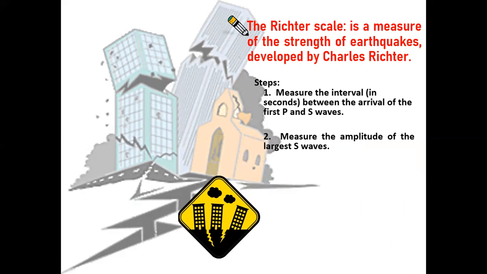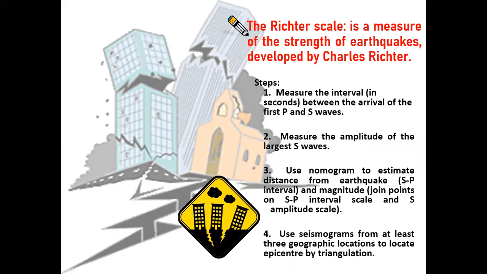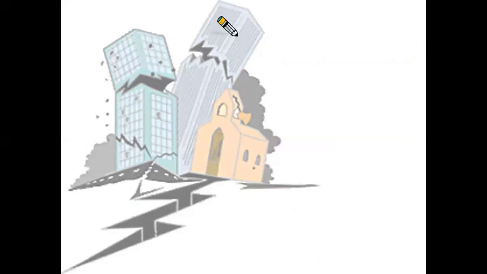Then it measures the amplitude of the largest S waves, and it uses an estimate to estimate the distance from the earthquake. So at least 3 geographic locations are needed to triangulate this earthquake.